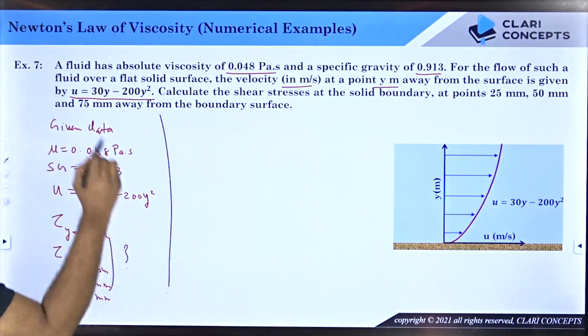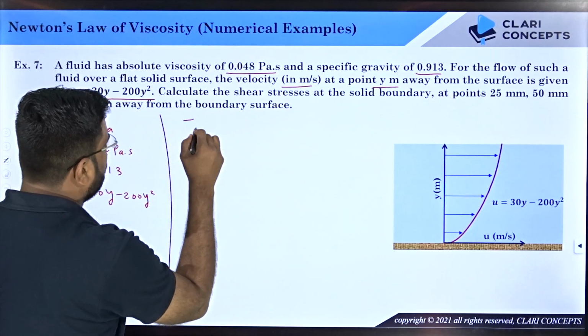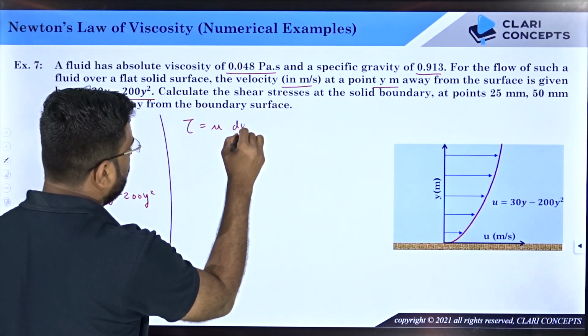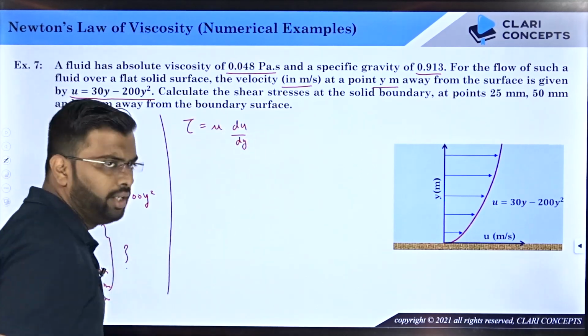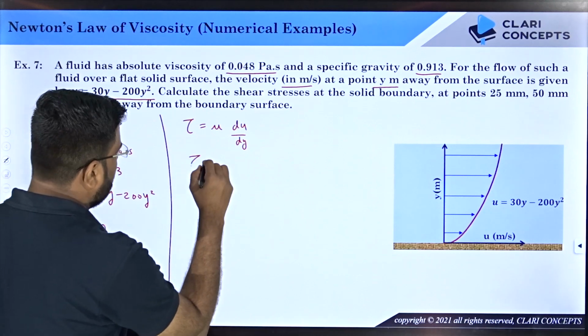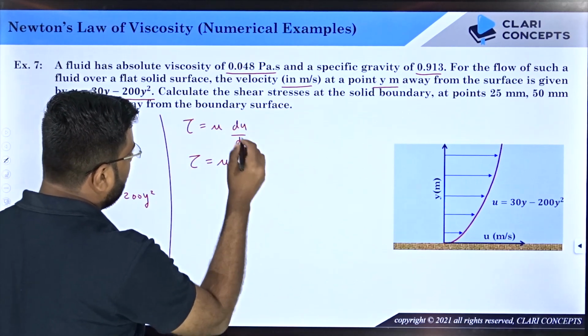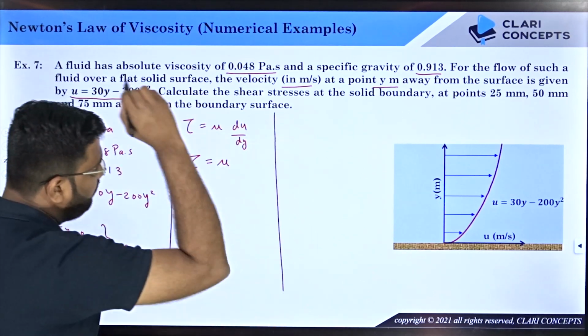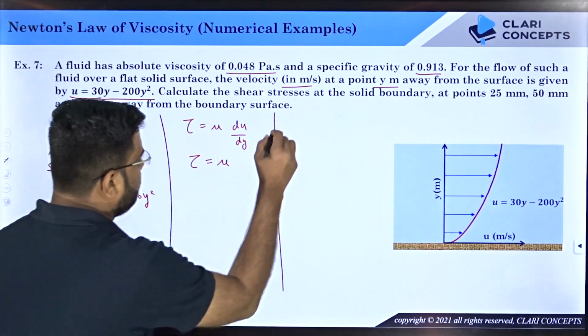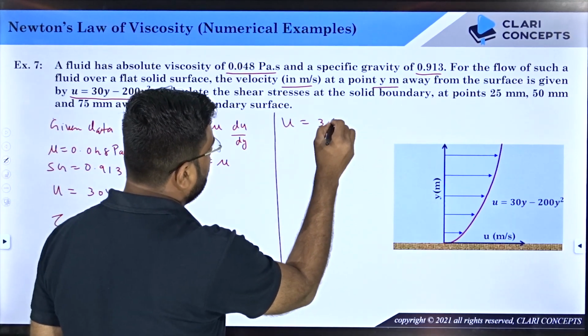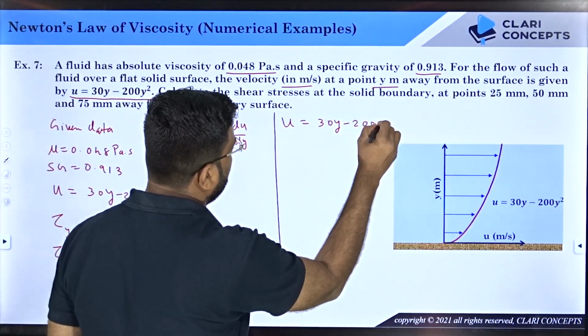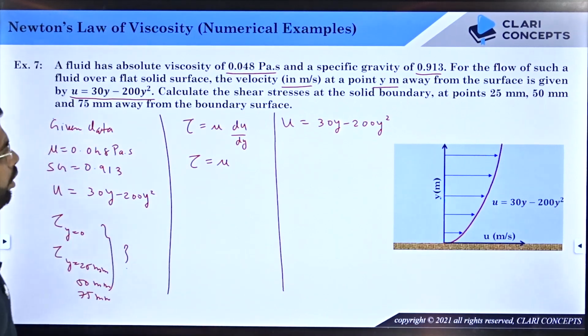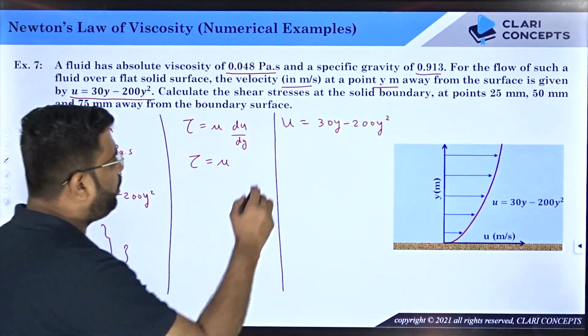So let us start solving it. I know shear stress is equal to mu du by dy, isn't it? Therefore, shear stress should be equal to mu du by dy. I need to first calculate what is du by dy. So firstly, I know u, which is 30y minus 200y square. Now calculate the differentiation of this u with respect to y.